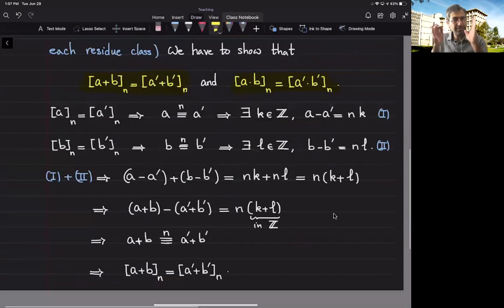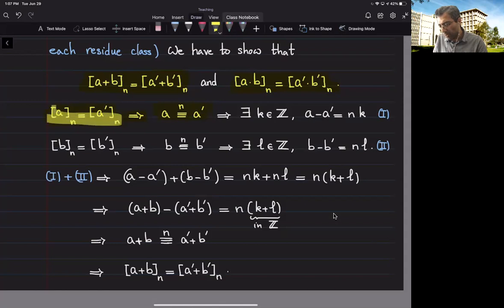Okay, let's start with the hypothesis. We are told that this residue class is the same as the other one, which is equivalent to saying that A is congruent to A prime modulo n. As I've indicated, at least in this class, we often start with this side, use this translator, and get to integers and the congruence relation.